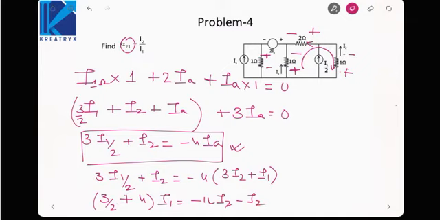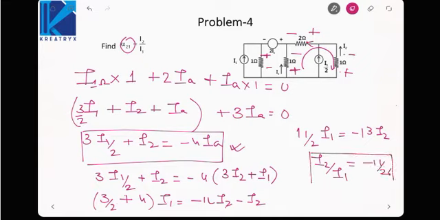Now how much will it be? 11 by 2 I1 is equal to minus 13 I2. So what is I2 by I1? I2 by I1 is minus 11 by 26. So again this is a negative sign. This negative sign indicates I1 and I2 must be in opposite directions. That is, I2 must be going downwards. Okay. And anyway, whenever we provide a current source, the current in the load must go downwards.